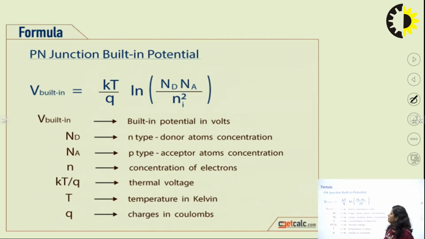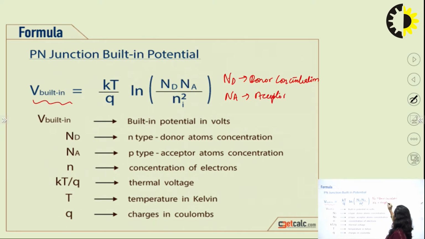There are some formulas which we can use for the PN junction built-in potential. The PN junction built-in potential can be referred to as V built-in, and it is equivalent to KT by Q ln of Nd Na by Ni square, where Nd is the donor concentration and Na is the acceptor concentration.